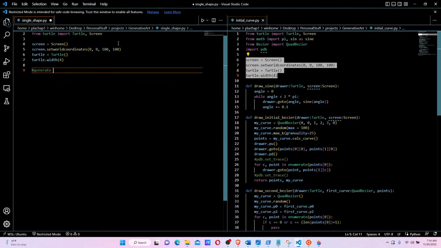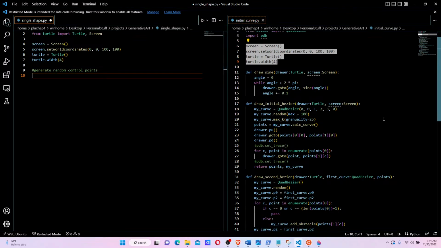So the first thing I want to do is generate random control points. I do that somewhere here.